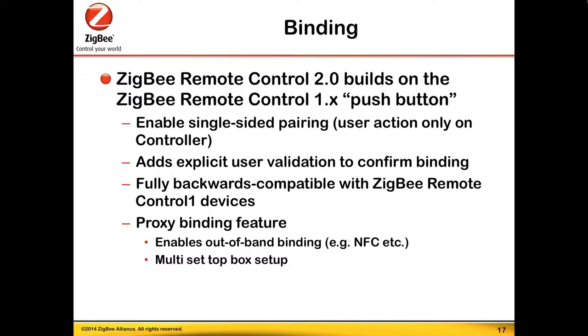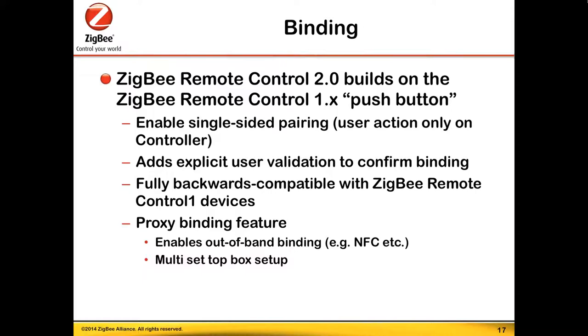That's what ZRC2 enables, what we call single-sided interactive pairing. The advantage is that the user only has to interact with the remote control and not the box. It also adds an exclusive user validation to confirm the binding.